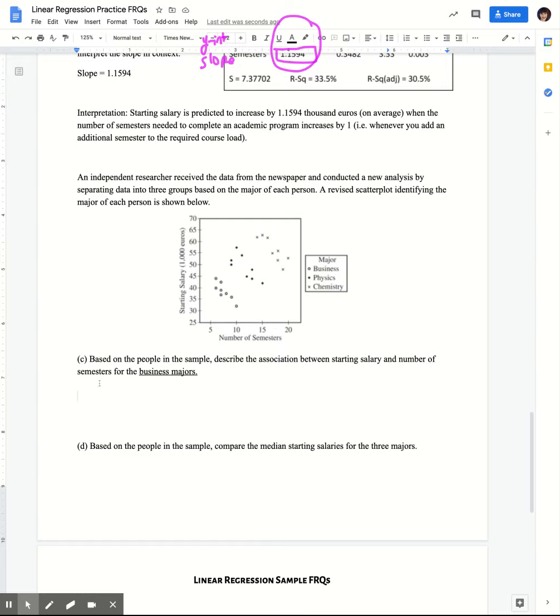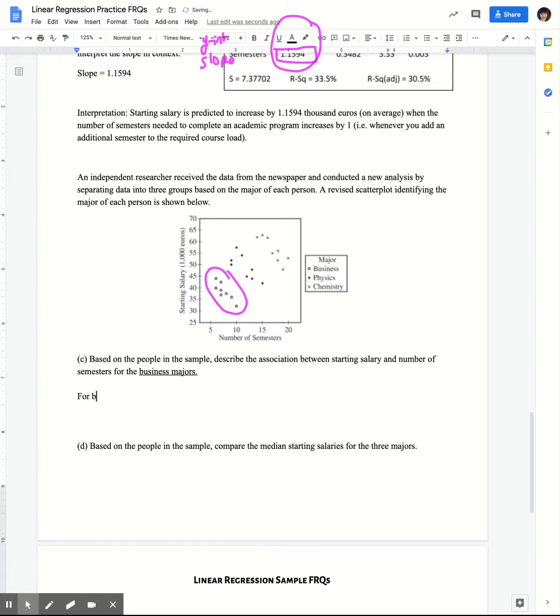So part C says, based on this, describe the association between starting salary and the number of semesters for business majors. So my business majors are these, right? So again, we're still describing a relationship. So that's still strength, direction, and form.